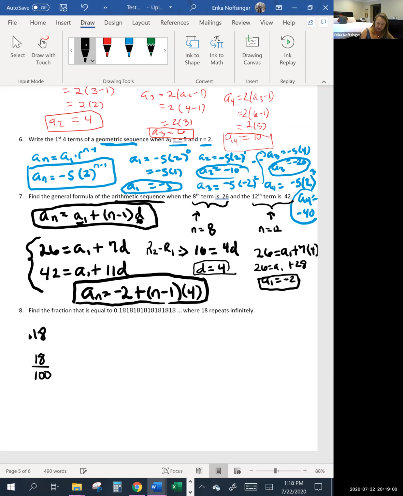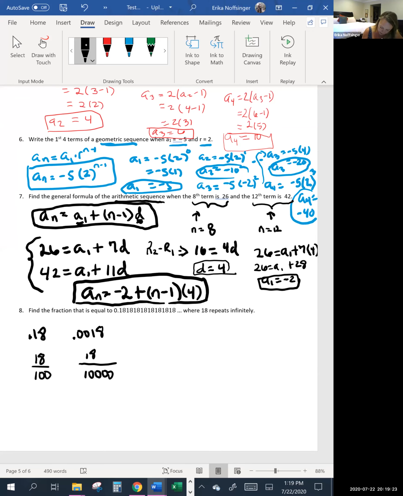If we looked at 0.0018, this is the same thing as 18 all over, I need 4 zeros, so 10,000. So we can keep on doing this.